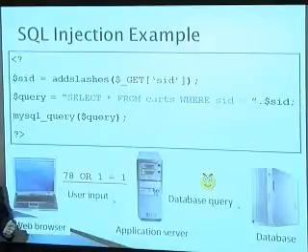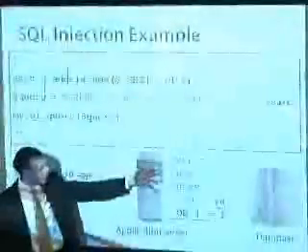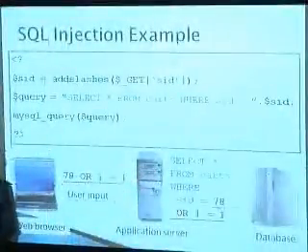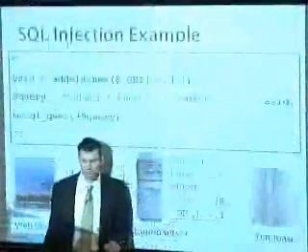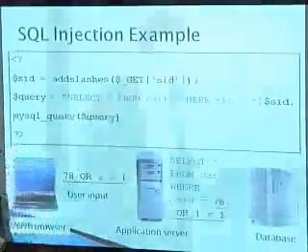But the problem is SID is not intended to be a string literal here. So this is the query that'll get constructed. And because of the low precedence of the OR operator, this 1 equals 1 always evaluates to true, and this conditional clause is true on every tuple, so that all of the active carts will get returned.